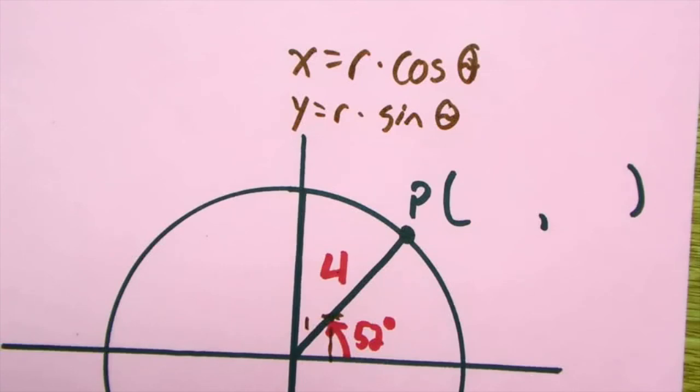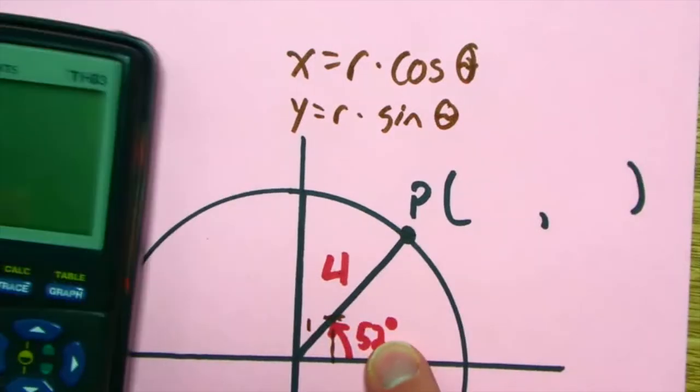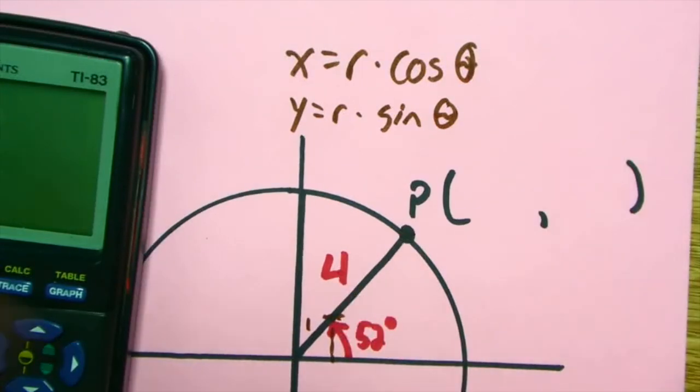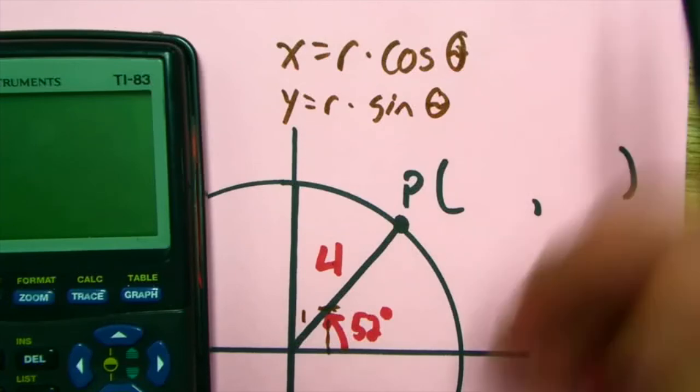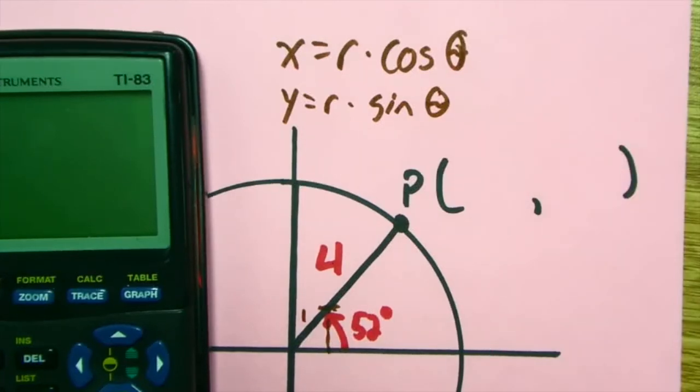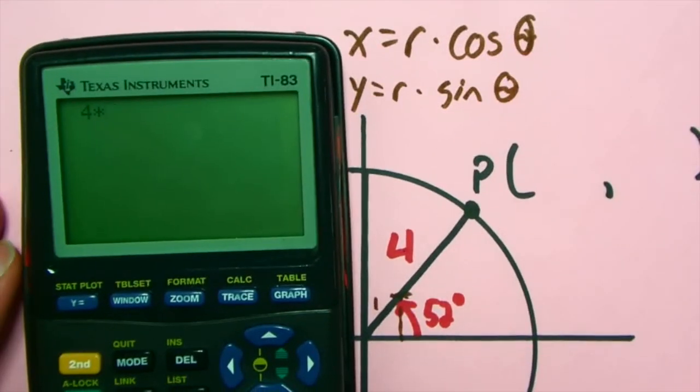So then all that means is we need to get out our calculator and do that instead. So this one is an angle of 52 degrees. It has a radius of 4. So I'm going to do 4 times cosine of 52. Sorry, you probably can't see that very well.